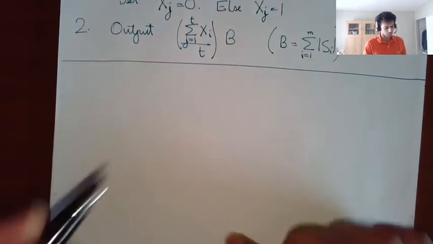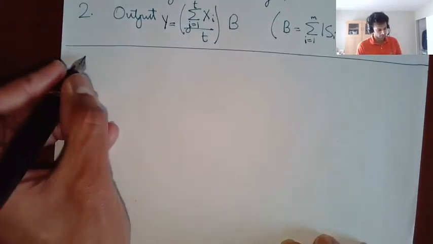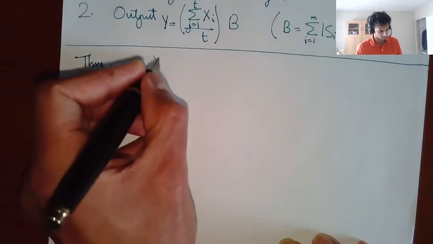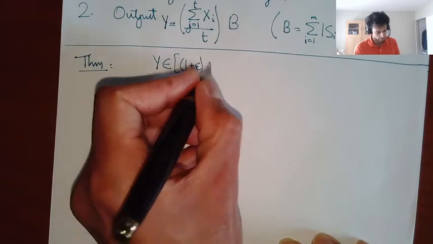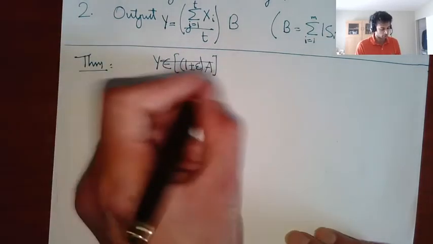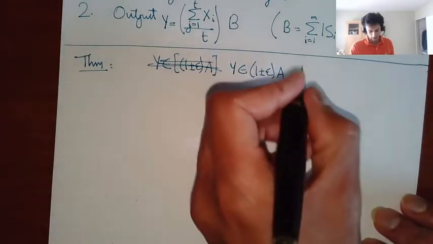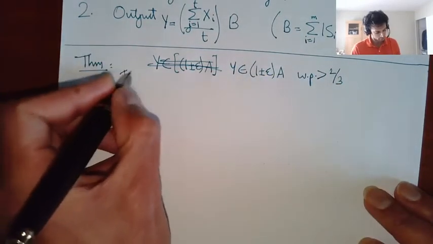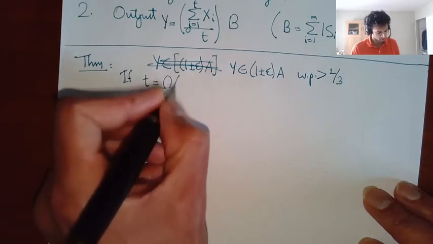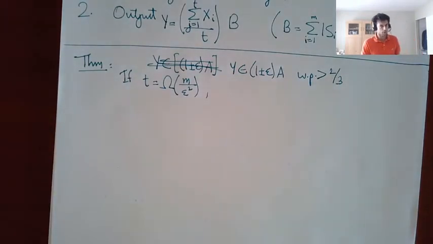Let me refer to this quantity as the random variable Y. My main theorem is that Y is in 1 plus minus epsilon of A with probability at least 2/3 if we set t to be omega m divided by epsilon squared. So if you do m divided by epsilon squared trials, you will succeed with high probability.